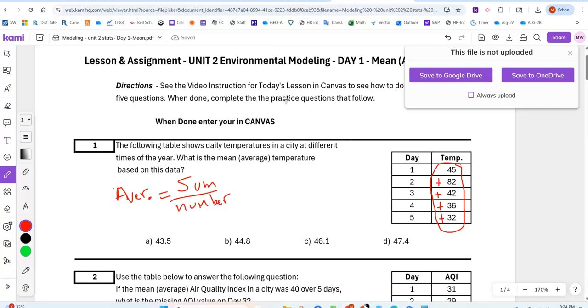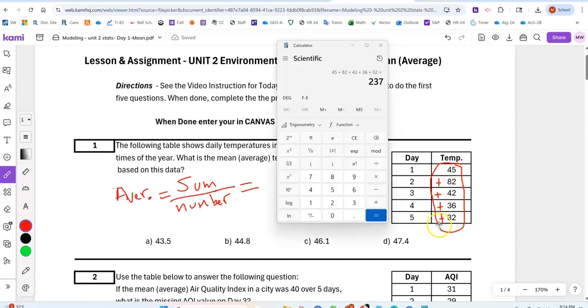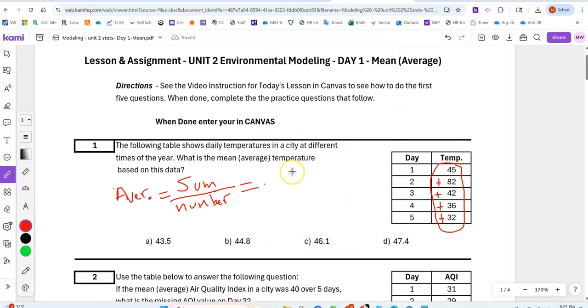Right now I'm going to write it out. And what is the sum? When I add up all these numbers together, you can see my calculator, I got a sum of 237. So that's going to go on the top. So the sum is 237.